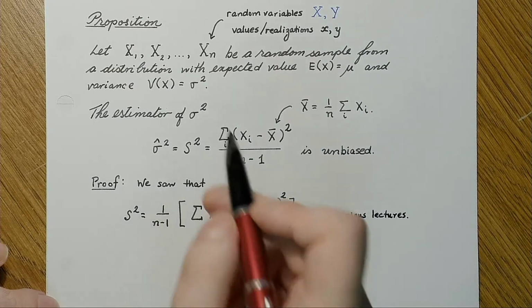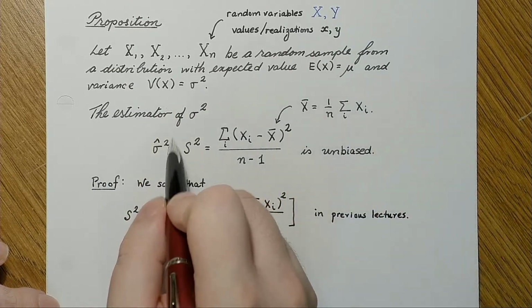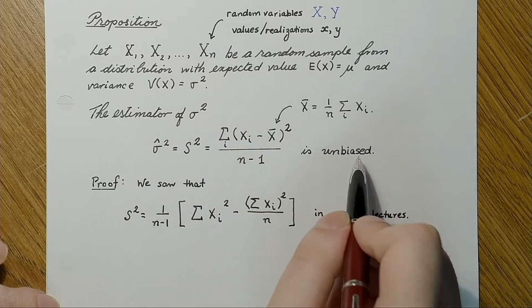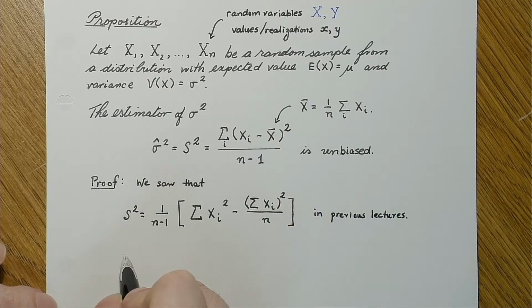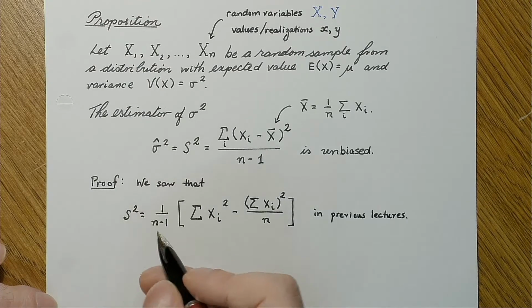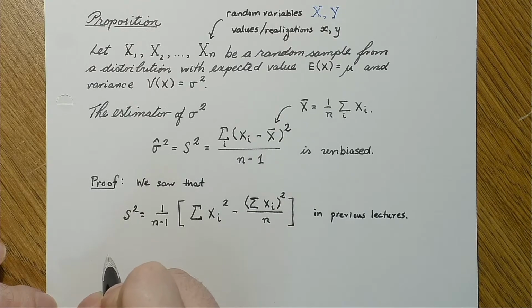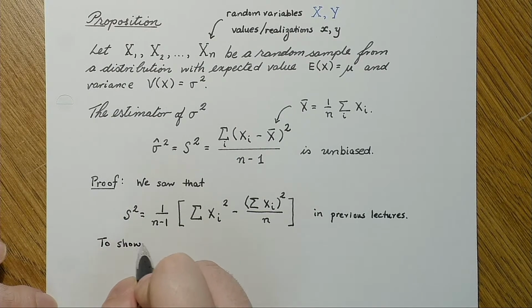So now what we need to do is to show that this estimator is unbiased. I need to take the expectation and hopefully it equals sigma squared at the end. So I'll write this out because it's to show s squared is unbiased.